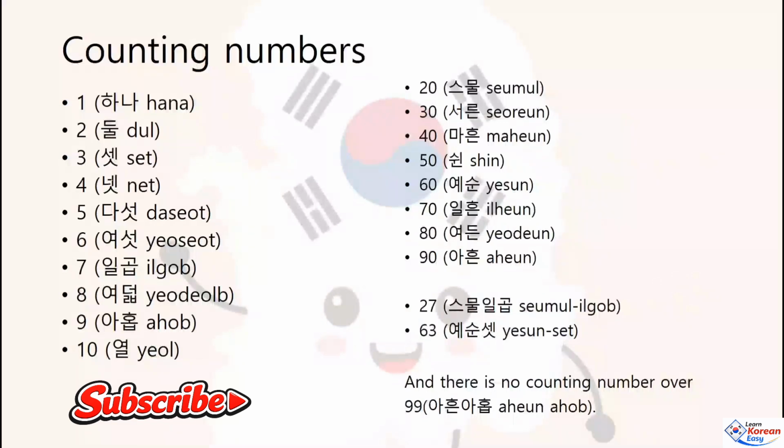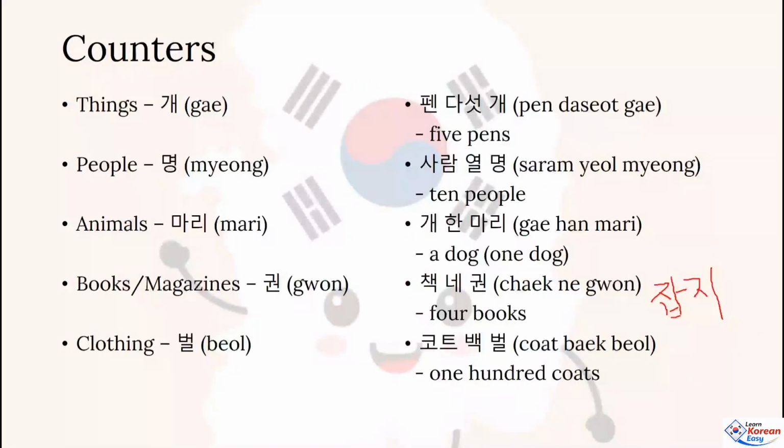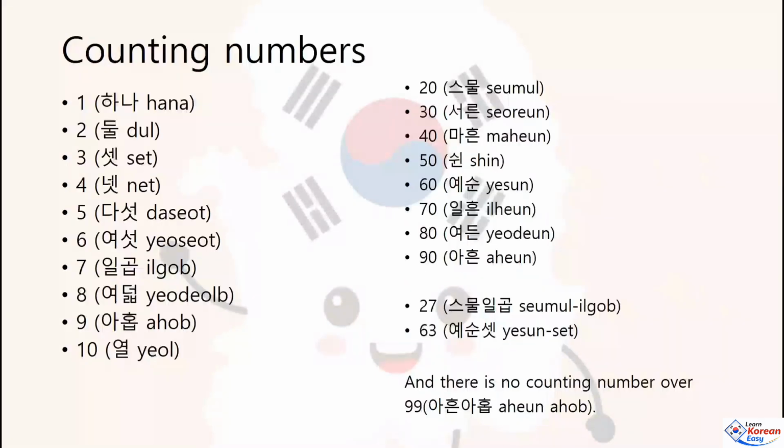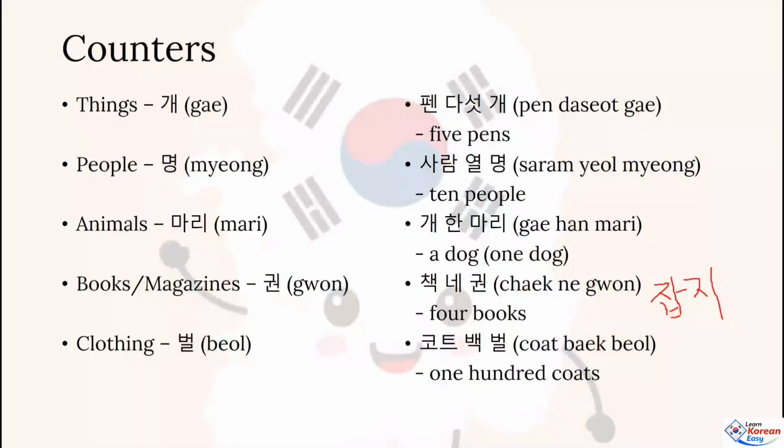We didn't go above 11, 12, but okay, so let's go with just 9 magazines. So 잡지 9권. If you say 9권, which is the first method of us learning the numbers, 1, 2, 3, 4, 5, 6, 7, 8, 9, 잡지 9권.